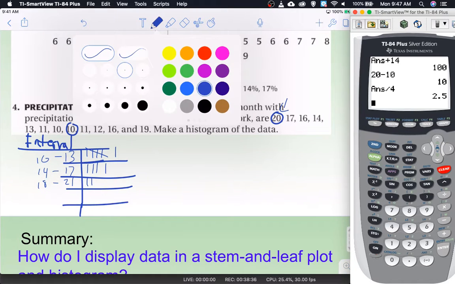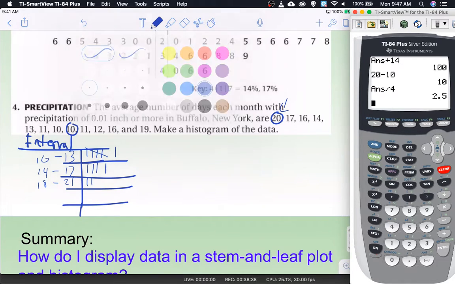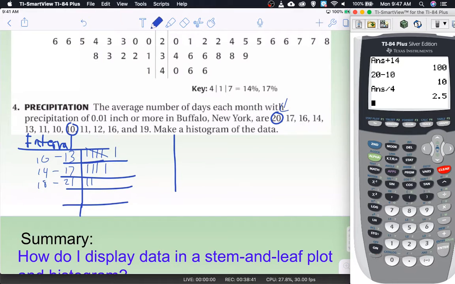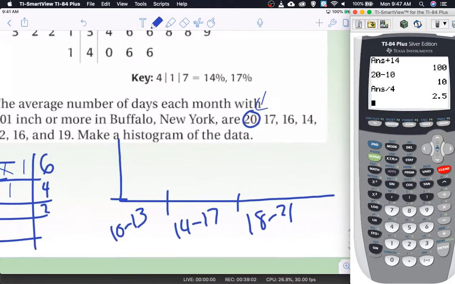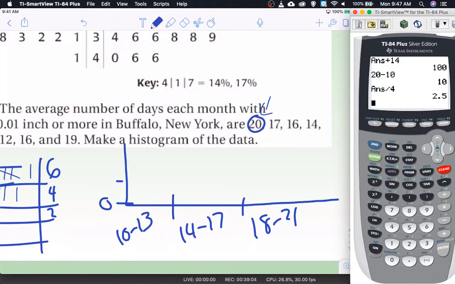And now my histogram, if I can make my marker a little bigger again. By the way, this is 6, 4, and 2. I only have 3 categories, so I can make them a little bigger. 10 through 13, 14 through 17, 18 through 21. 0, 2, 4, 6.